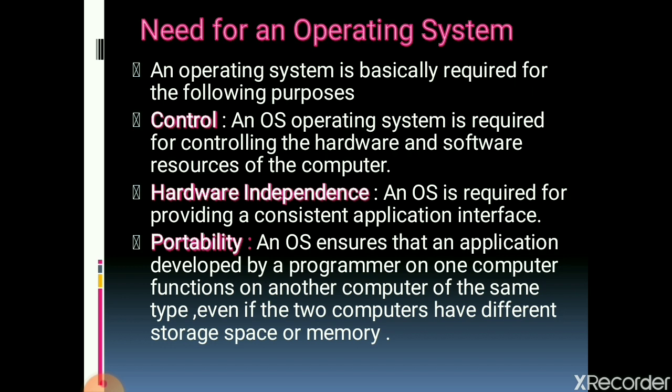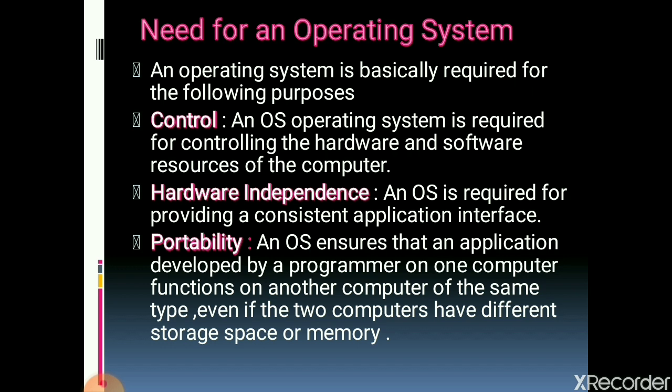Okay, the next one is portability. Here the operating system ensures that an application developed by one programmer on one computer also functions on other computers of the same type, even if the computers have different storage space and different memory.